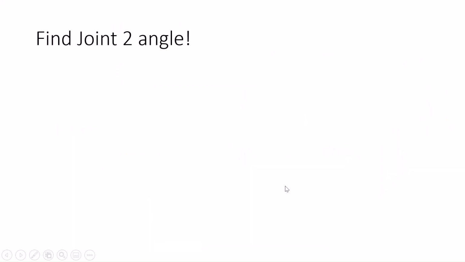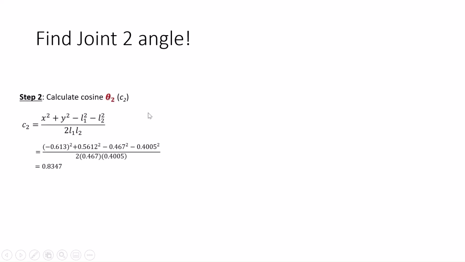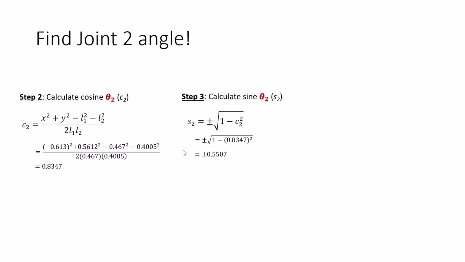So next we need to find the joint 2 angle, in which we can calculate firstly the cosine of theta 2, and by putting in the values in the equation we'll get cosine of theta 2 is 0.8347. For step 3, we calculate sine of theta 2, which is plus minus square root of 1 minus c2 squared, and we'll get plus minus 0.5507.